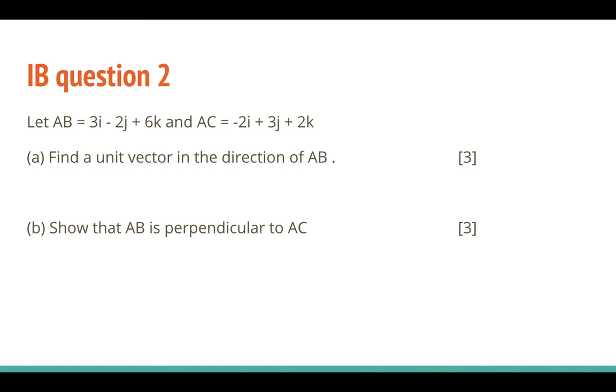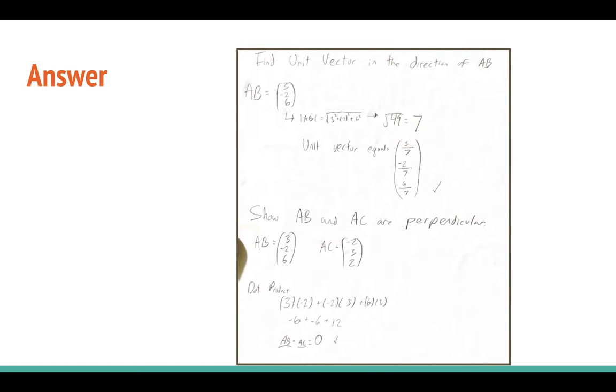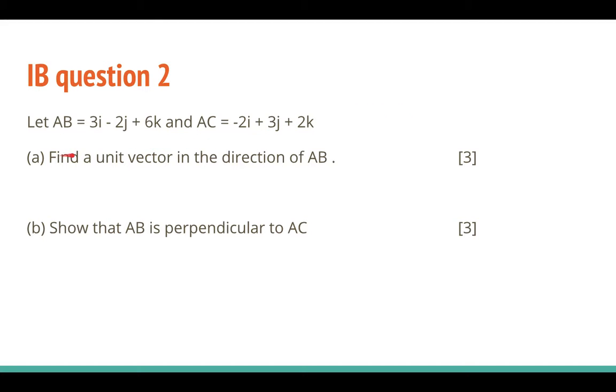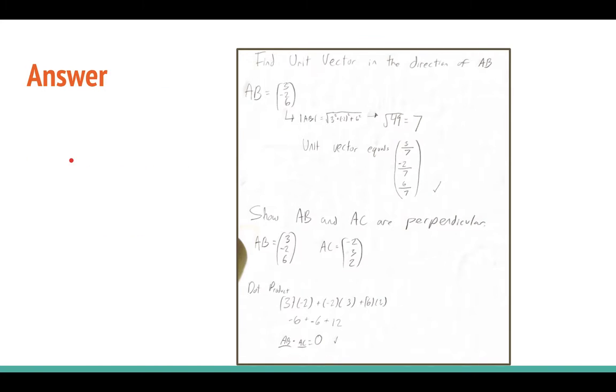Alright guys, so I'm going to show the answer and the work now. So for the first problem, again, we see the command term find, work should be shown, and again the unit vector we stated before. You have to find the magnitude of said vector, and here it came out to be a perfect 7.